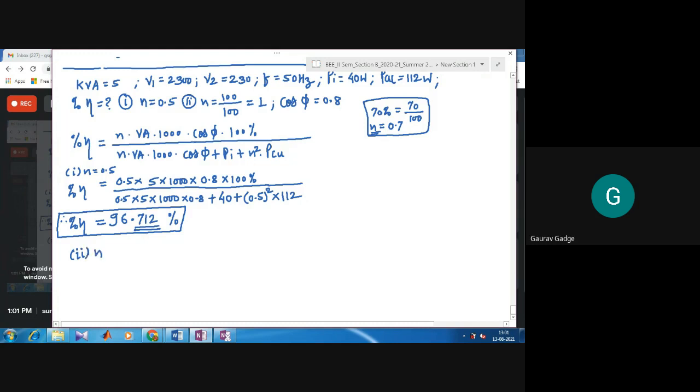The value of n is equal to full load. So full load means n equal to 1. So percentage eta is equal to n, the fractional load; eta is efficiency.